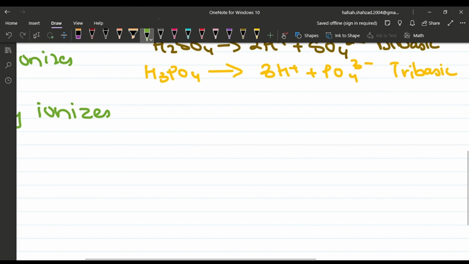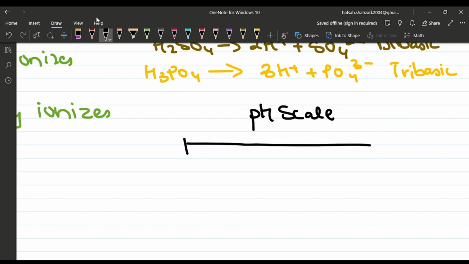Let me give you a brief overview of what the pH scale is. It is a value that is assigned to a compound when dissolved in water. For instance, if I have a compound that dissolves in water and gives a pH value of 2, we have 1, 7, and 14, and 2 lies somewhere over here.